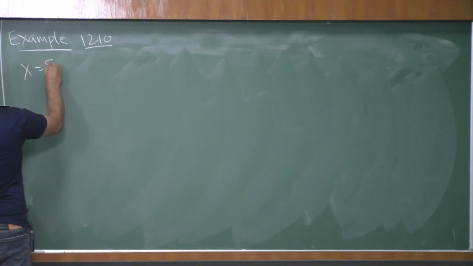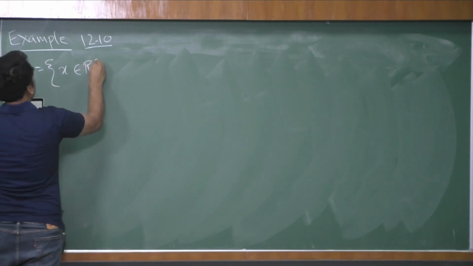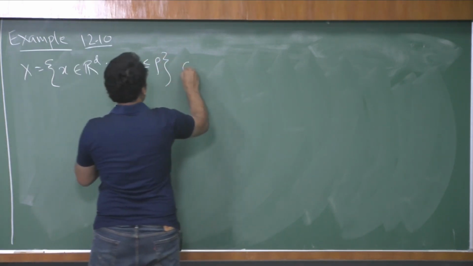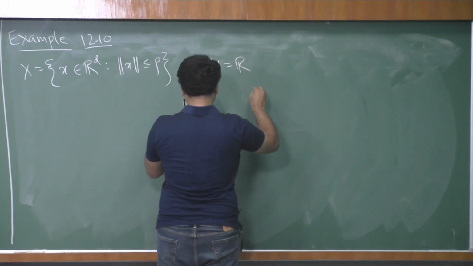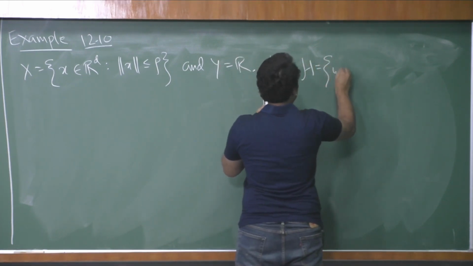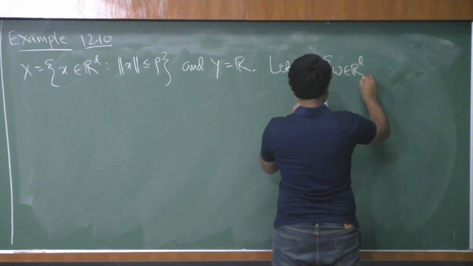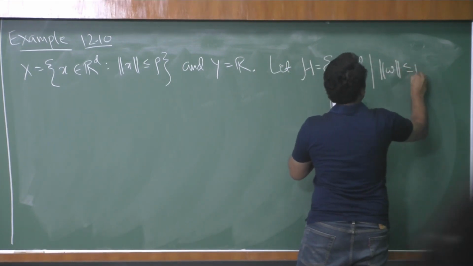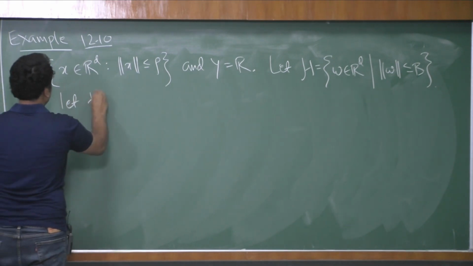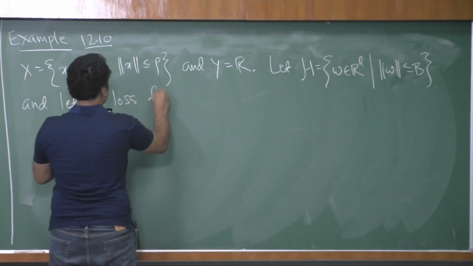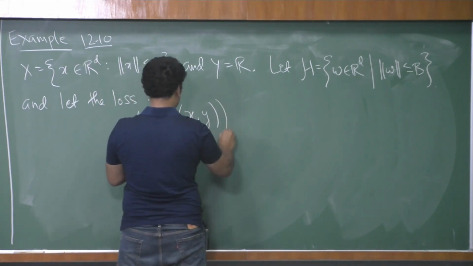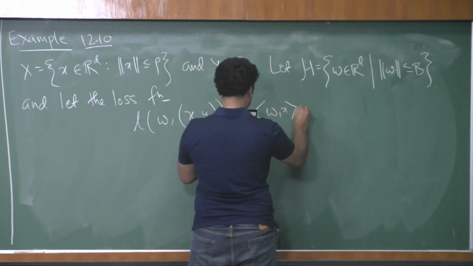Let X be the set of all x in R^d with norm of x less than or equal to rho, and Y, the set of labels, be R, and let H be the set of all w in R^d such that norm of w is less than or equal to B, and let the loss function be l(w, (x, y)) = |<w, x> minus y|.